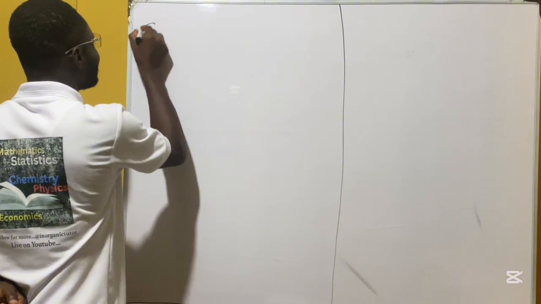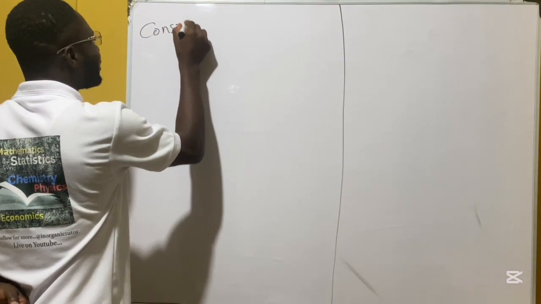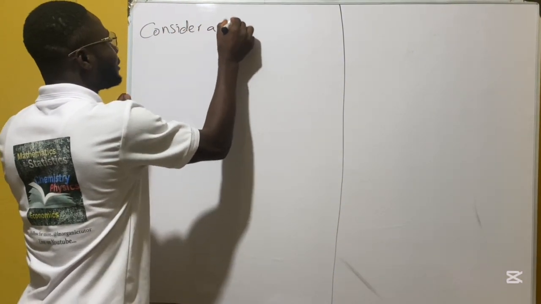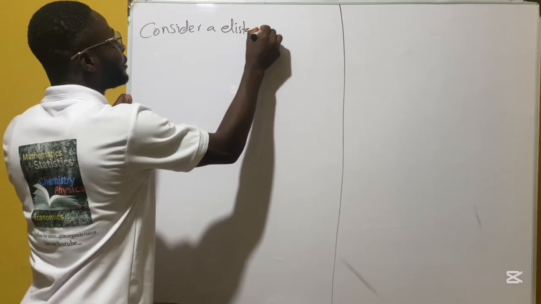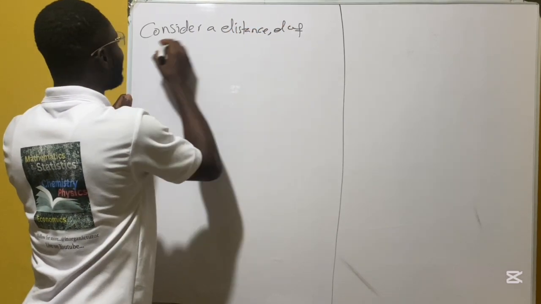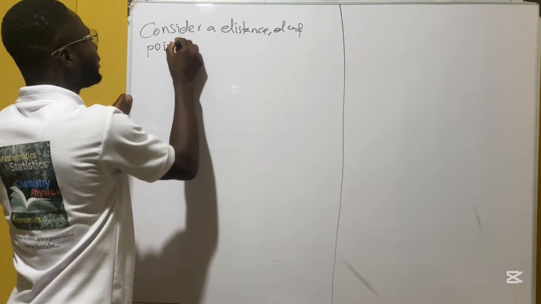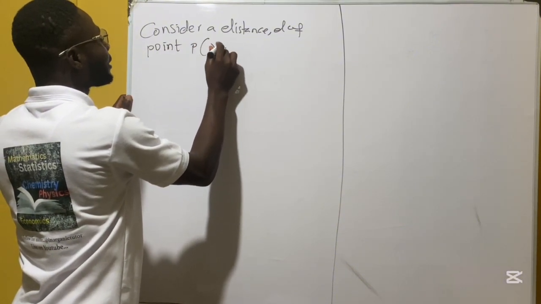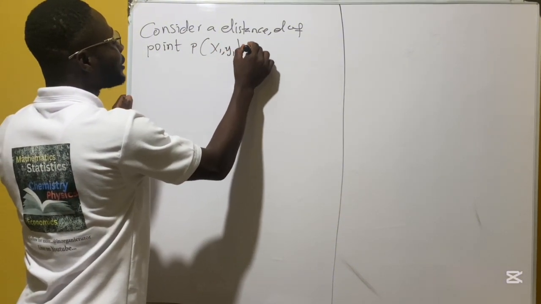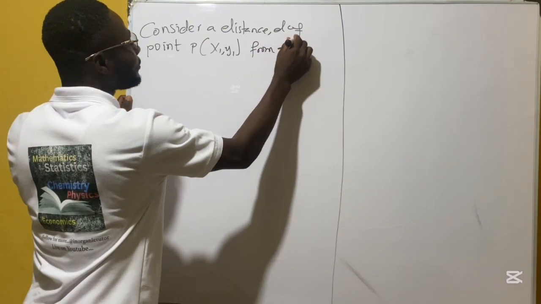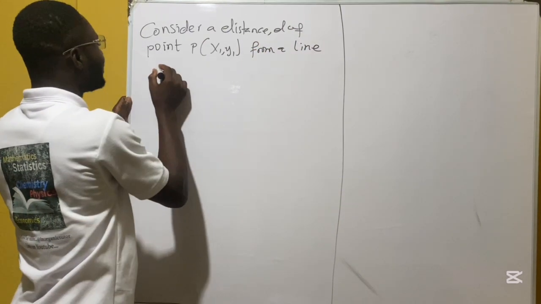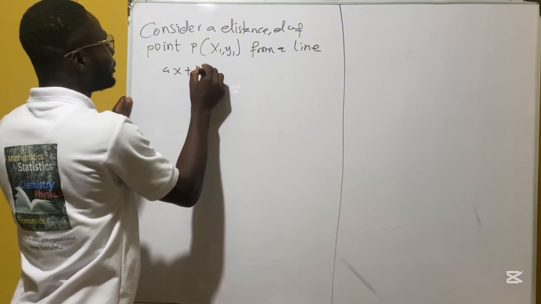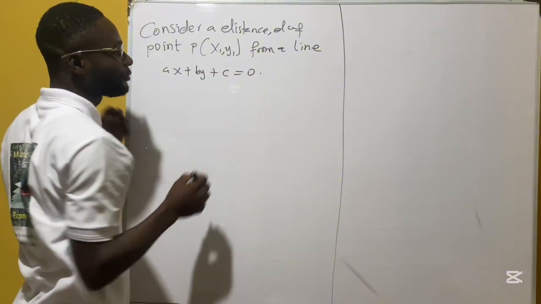Let's consider the distance, say d, of a point P with coordinates x1, y1 from a line, say ax plus by plus c equals 0, right?